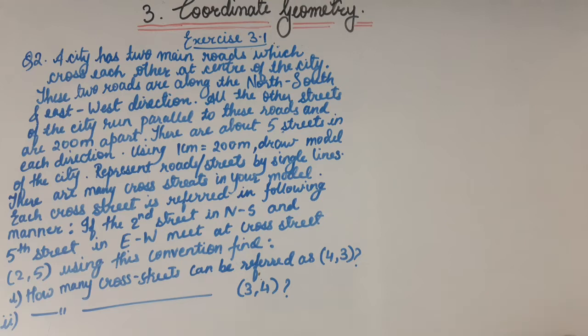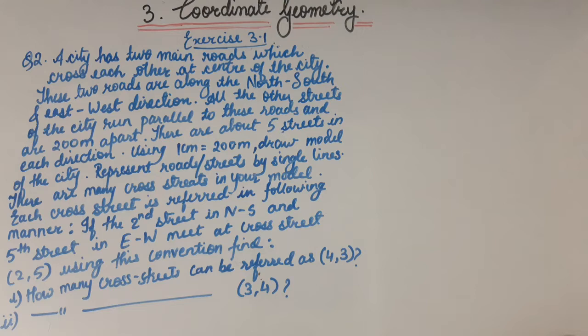These two roads are along north-south and east-west direction. One is along north-south and the second one is along east-west direction. So these two main roads are crossing each other at the center of the city.